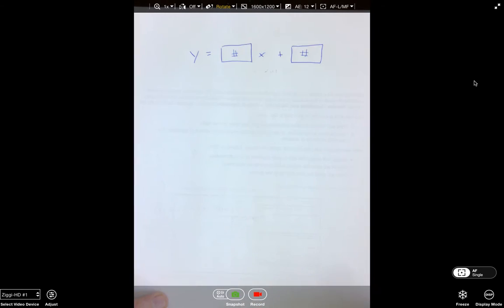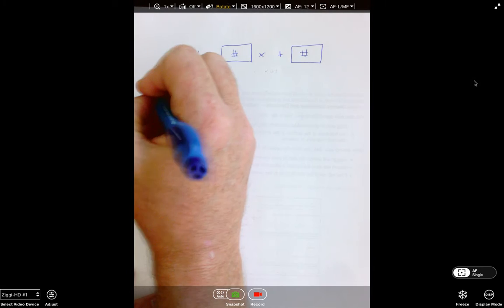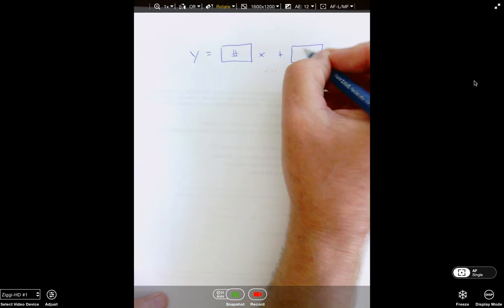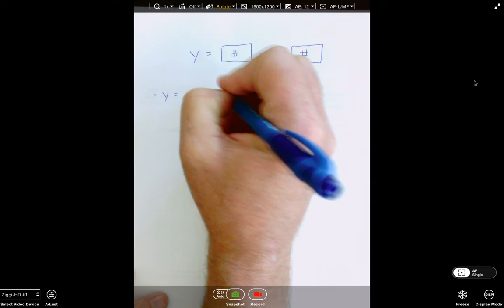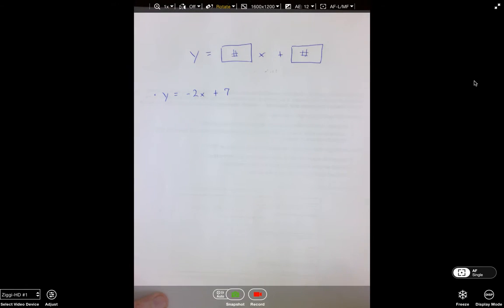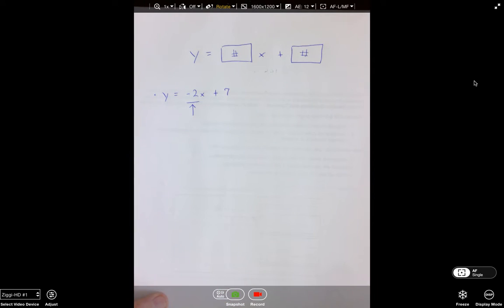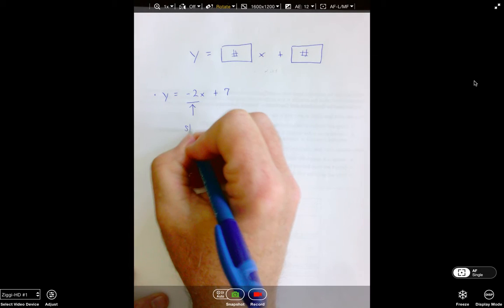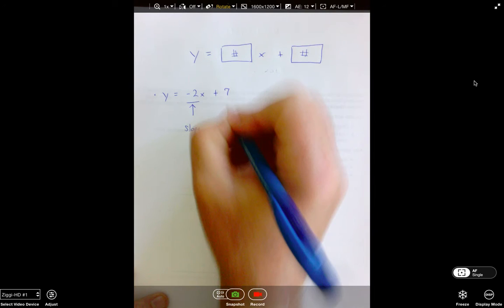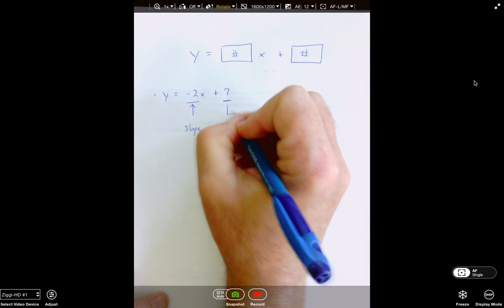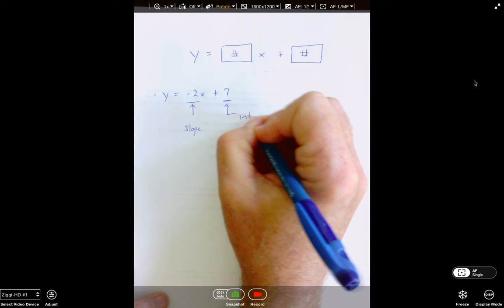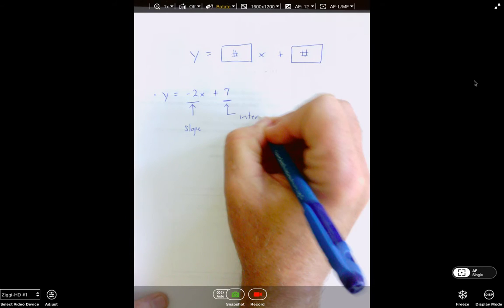Now these numbers don't have to be positive. For example, we could have y equals negative 2x plus 7. The number that goes in front of the x is always going to be referred to as our slope. The number that goes without the x is referred to as our intercept.